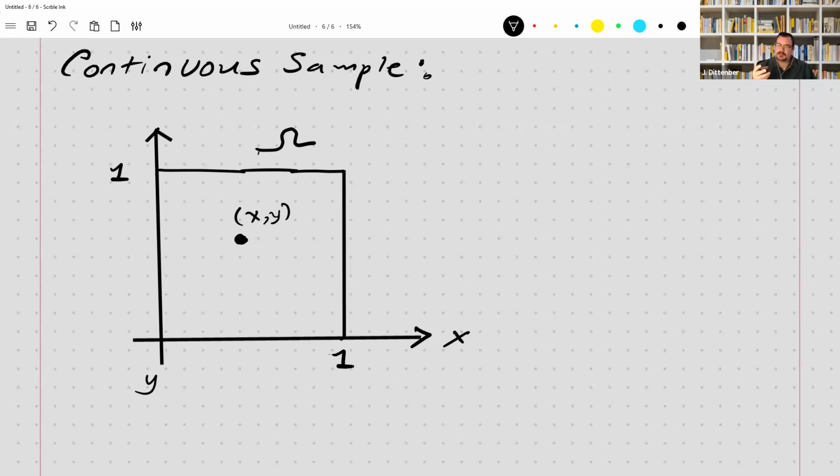And so it means that we have the possibility for infinite precision. So if I ask you, what's the probability of X and Y, of any X and Y, we would have to say that the probability of the set containing X and Y would be 0.